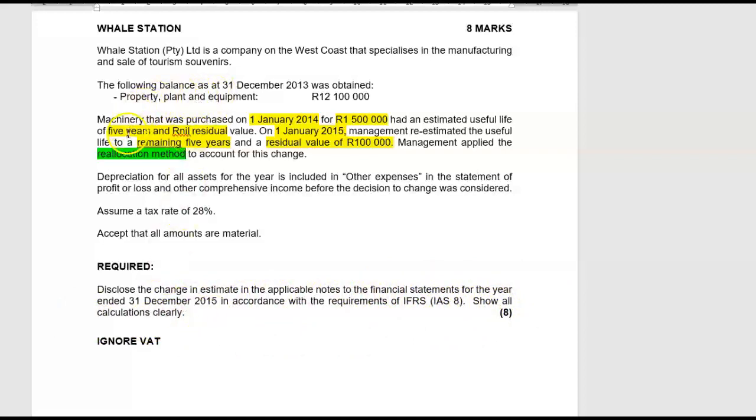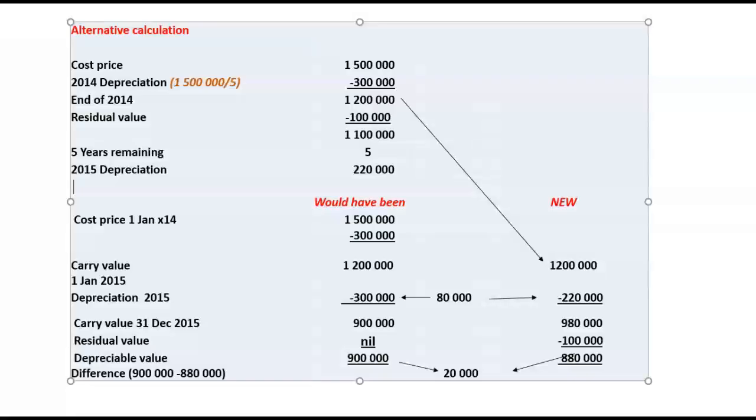So we said our first starting point is the carry value at the beginning of 2015. Therefore, we still have to do the calculation. What was the cost price on 1 January 2014? 1.5 million. And what was the depreciation written off up to the beginning of the current financial year? The depreciation, no residual value, we're going to depreciate it over 5 years.